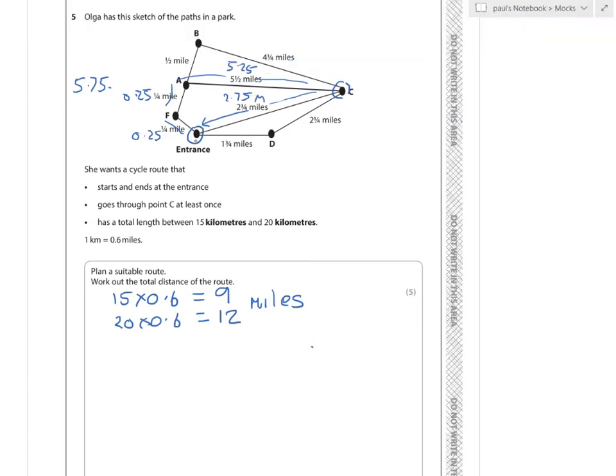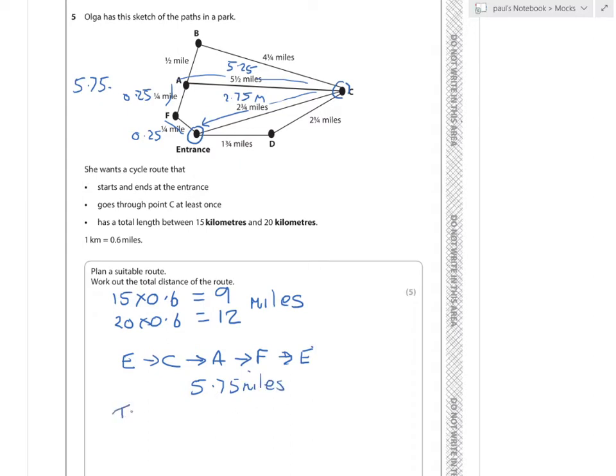So if we start from here and go from the entrance to C, to A, to F, back to the entrance, that's a total of 5.75 miles. Right?